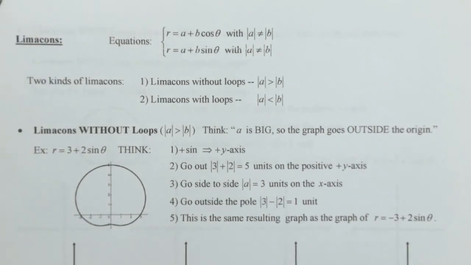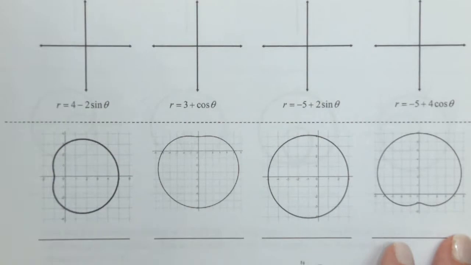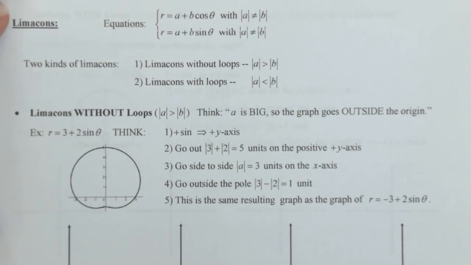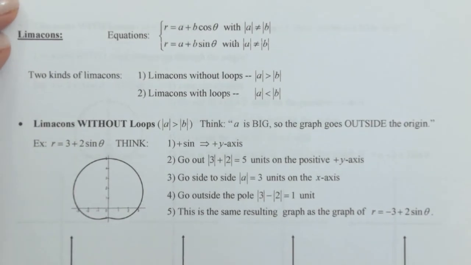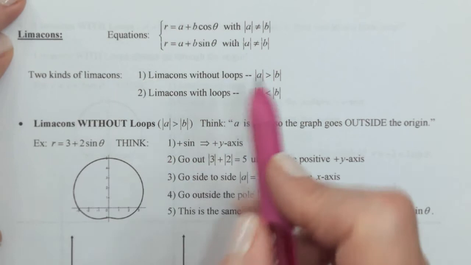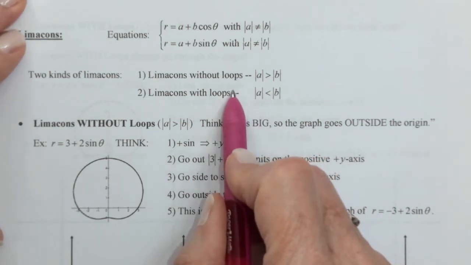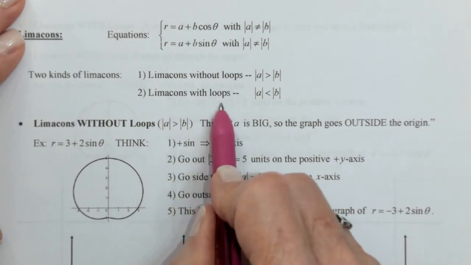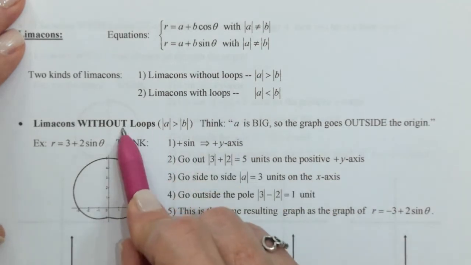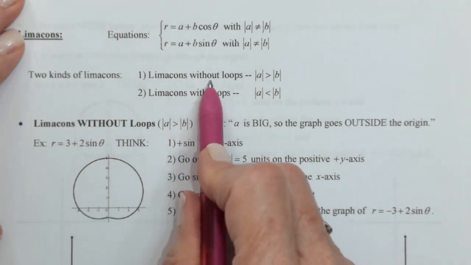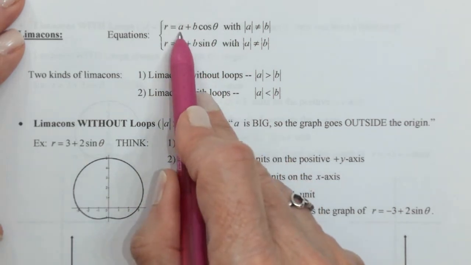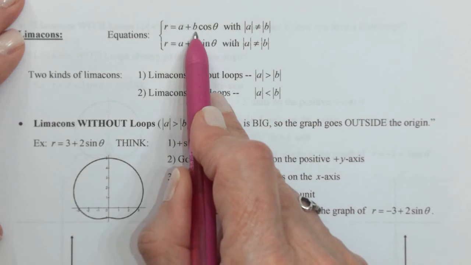So what happens if these numbers are not the same? Well, there are two types. Then you don't have a cardioid, you have a limaçon. Okay? So we have two types of limaçons: limaçons without loops and limaçons with loops. Looks like we're going to do the without loops first. The ones without loops are when this number is larger than this number.